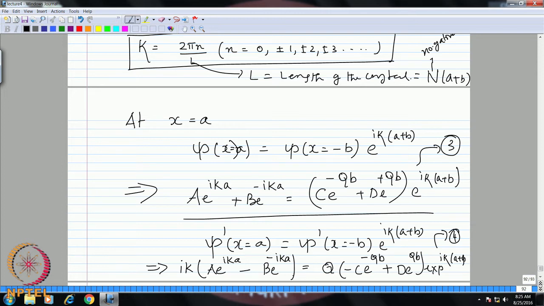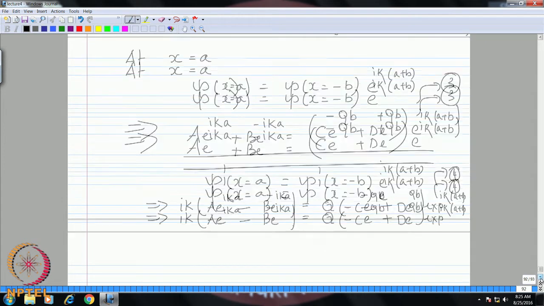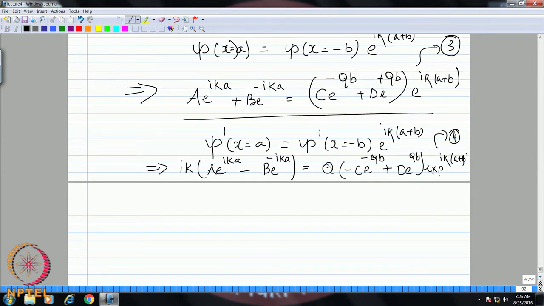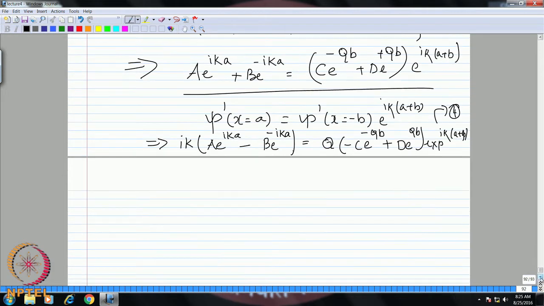Okay. So, I am not going into further details now; you can apply these 4 conditions and find out the constants, and I will only write down the final equation that comes out.